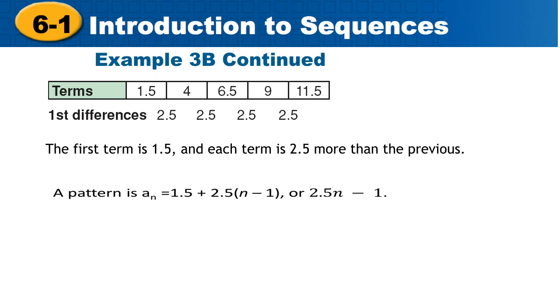So 1.5 plus 2.5 times n minus 1. Here we are looking for a sub n. Here we are gonna use n minus 1, one term less than what we are at. You can distribute 2.5 to n minus 1. So it's gonna be 2.5n minus 1. That is what the explicit formula is here.